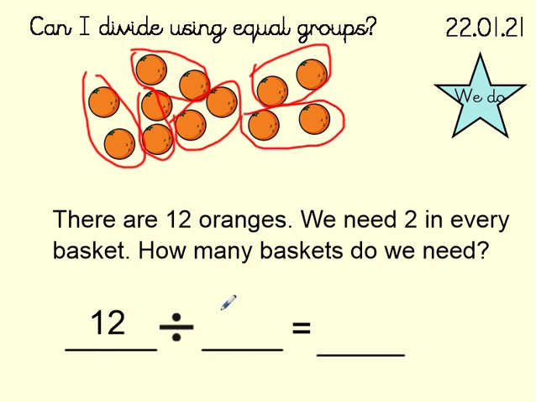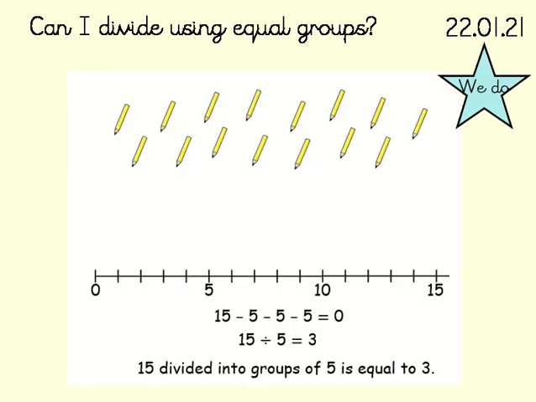So 12 divided by 2, how many groups have I got? 1, 2, 3, 4, 5, 6. So we're going to need 6 baskets if we put 2 in each basket. Okay, right, it's over to you now. Have a go at this question and then I'll show you your worksheet for today.